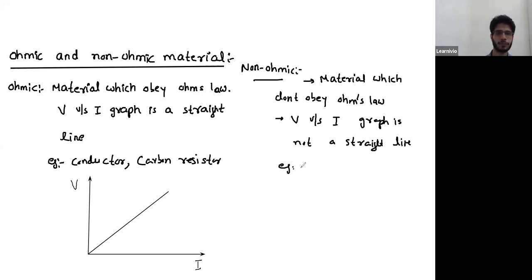Examples: diodes, transistors. These are some examples of materials which are non-ohmic.